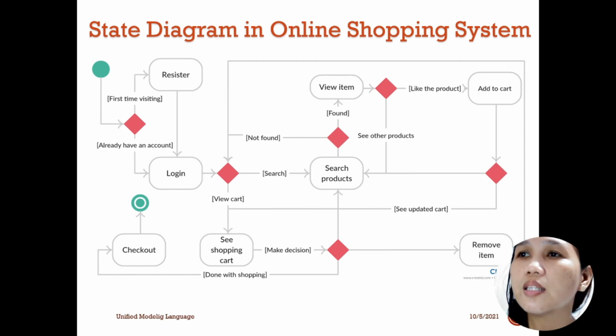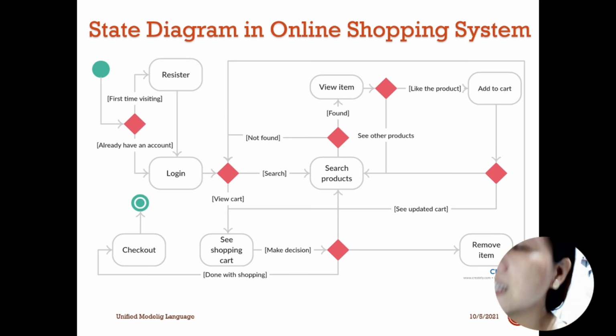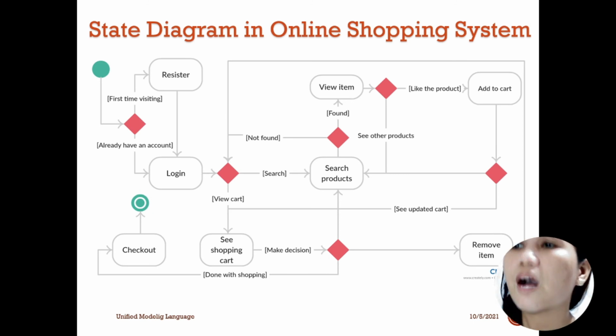As you can see on this diagram, this is clearer in terms of the process, because the register and login are separate, in an outside format. It's not mixed up on the diagram.